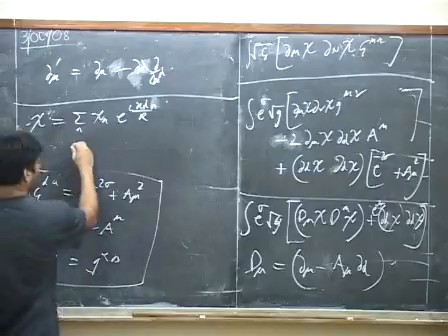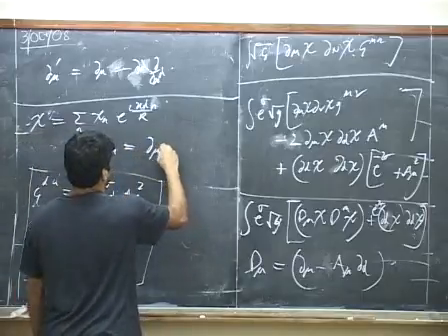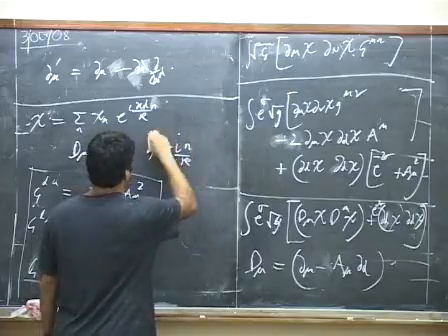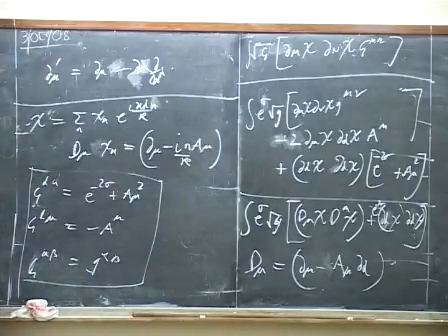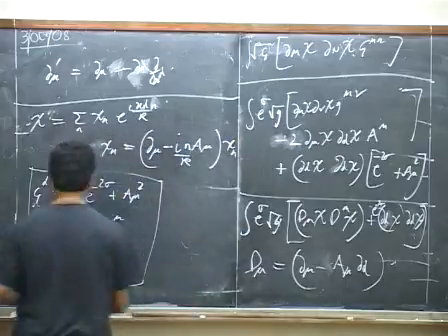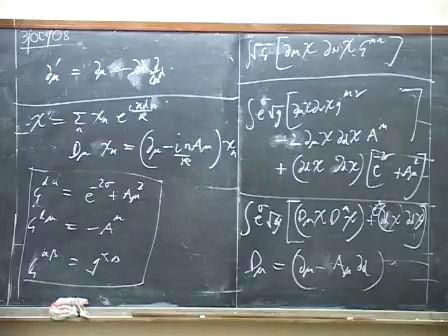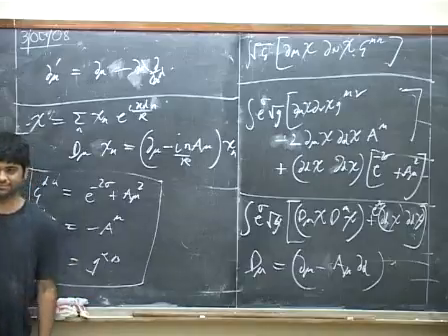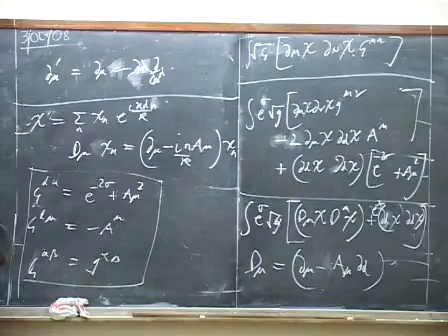And so D_μ of χ_n becomes (∂_μ minus i n/R) on χ_n. So the χ_n's behave exactly like charged fields whose charge, in this normalization, is n over R. Is this clear?